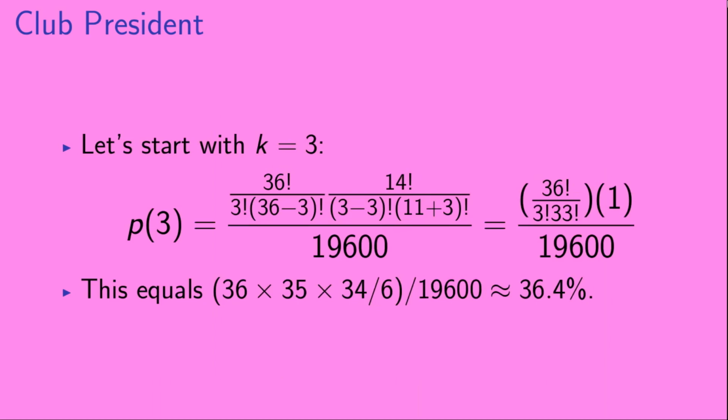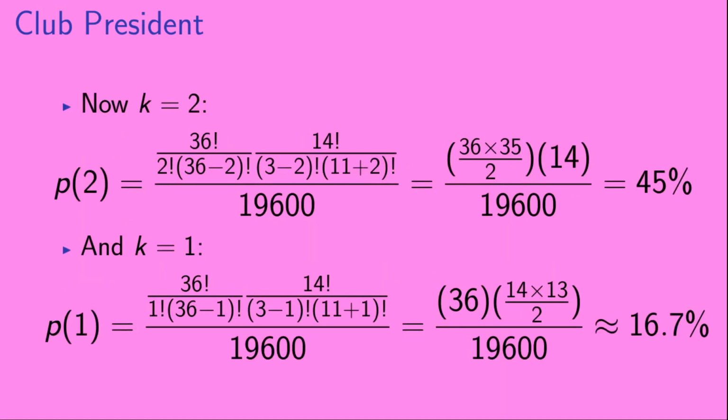Okay, so let's start with k equals 3. When substituting in k equals 3, we get 2 factors in the numerator. The first one is 36 choose 3, and the second one is 14 choose 0. When we work it all out, this equals approximately 36.4%. Next, k equals 2.